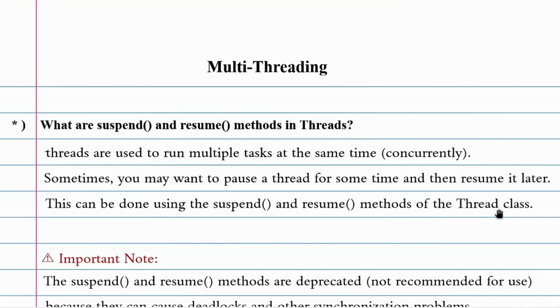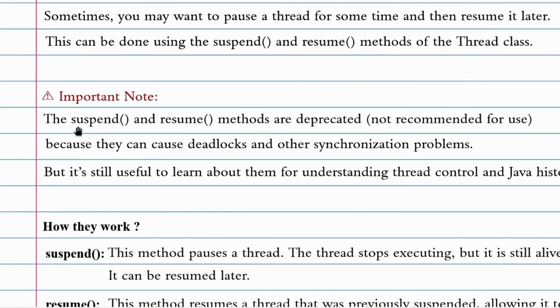The suspend method and the resume method are present inside the thread class. The important note is that the suspend and resume methods are deprecated, which means they are not recommended for use, because they can cause deadlocks and other synchronization problems. Sometimes they can also result in corrupted data, and may cause a deadlock situation as well.